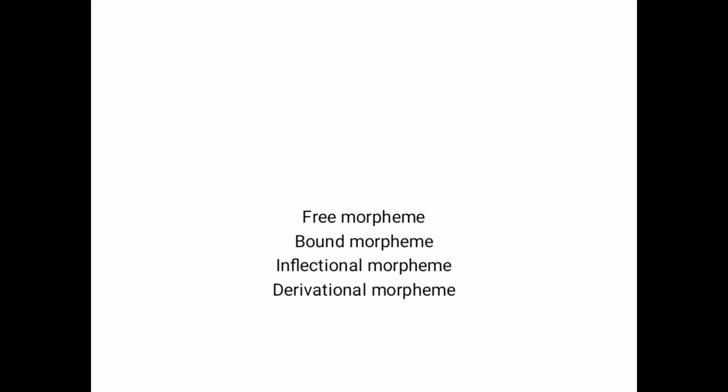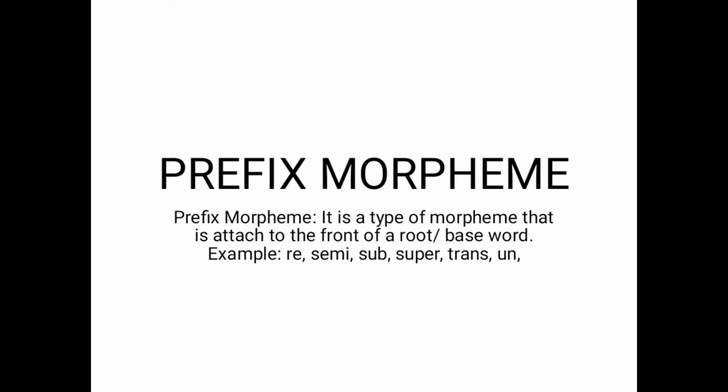So the first one we look at is prefix morphemes. If you say prefix morphemes, what does it mean? Prefix morphemes are morphemes that attach to the front of a root or base word. Right?